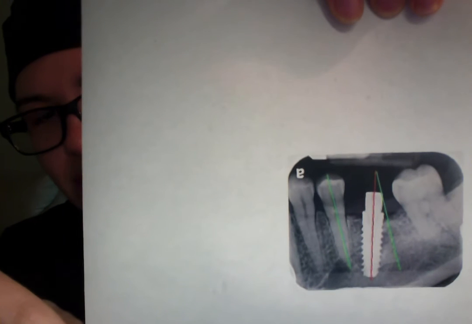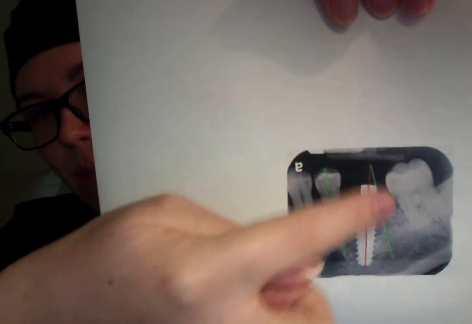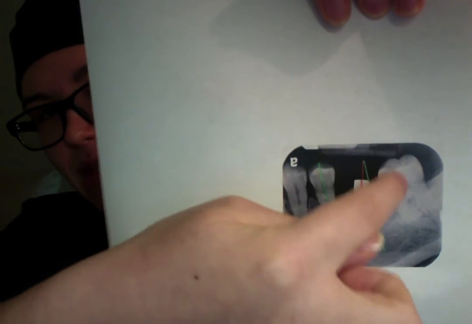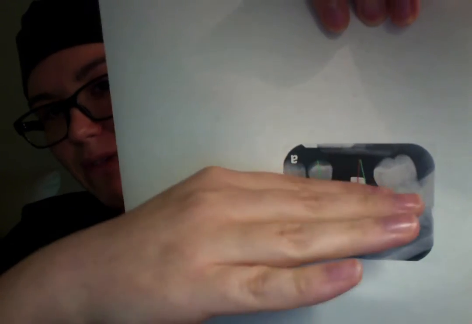We can also check if someone places an implant correctly, which this person did not. So unfortunately, bad implant. It doesn't meet the anatomy of the surrounding teeth, and it wouldn't distribute the force of the restoration or the crown on top, and it would not service the patient very well.